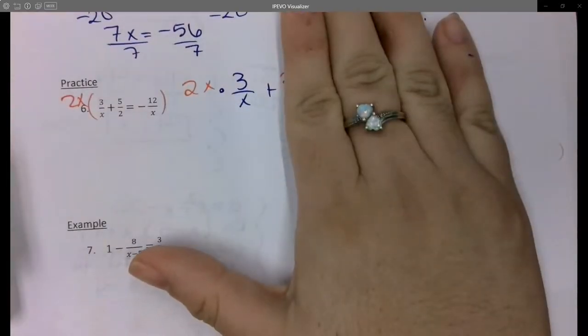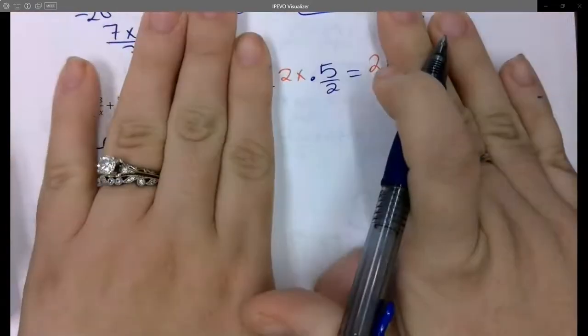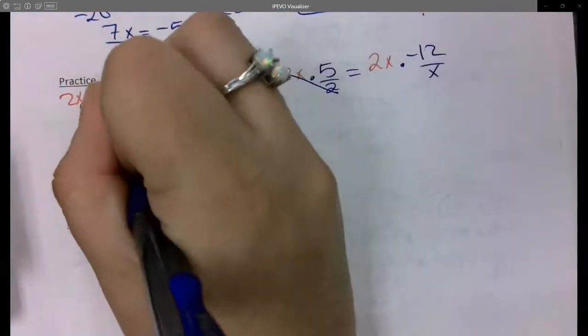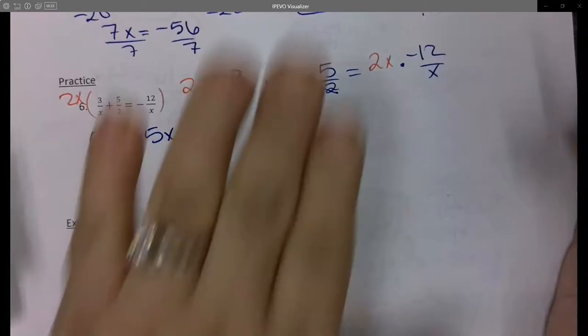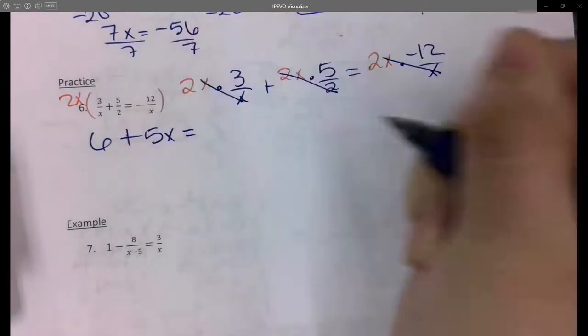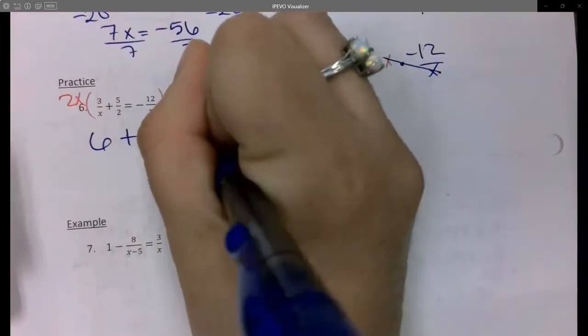So what cancels out on my first term? X. So 2 times 3 is 6. In my middle term, what cancels out? 2. So what am I left with? And then on my end term, x. So 2 times negative 12 is negative 24.